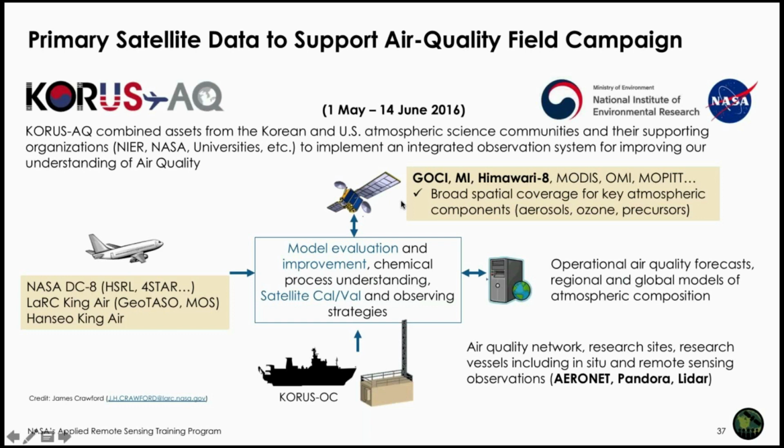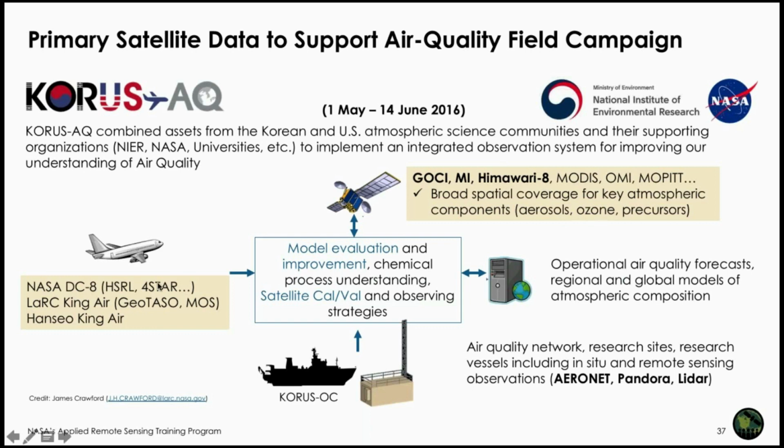During this campaign, we also provided GOCI and HIMAWARI aerosol products from our university, and also MODIS, OMI, or other low-orbit satellite products. These satellite products can provide broad spatial coverage for key atmospheric components like aerosols, ozone, or precursors.